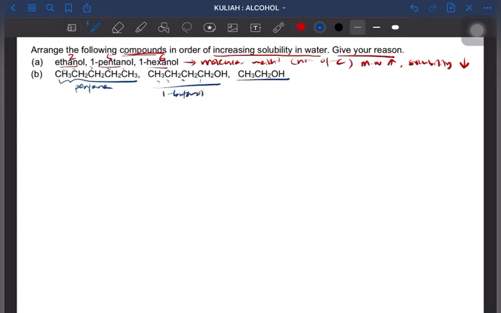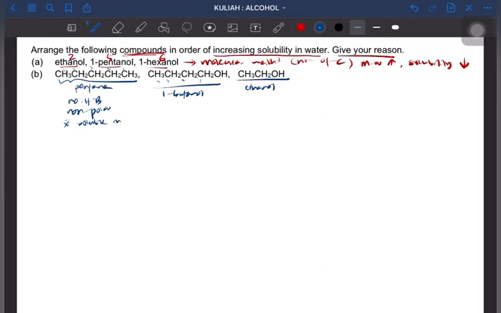And here we have ethanol. Okay, so dekat sini kita kena buat dua sebab lah. Okay, yang pertama kita kena compare between alkane dan juga alkohol. So kalau alkane ni dia tak soluble lah. Okay, sebab apa? Dia tak ada hydrogen bonding, dia non-polar.